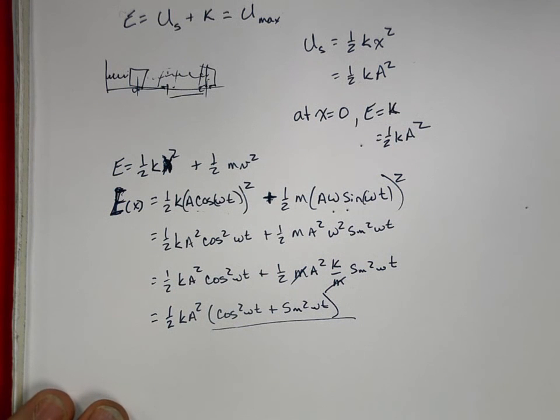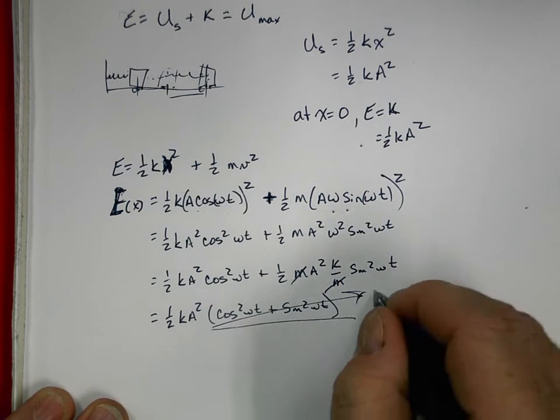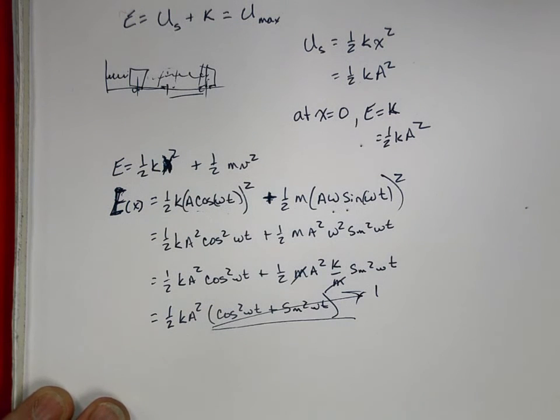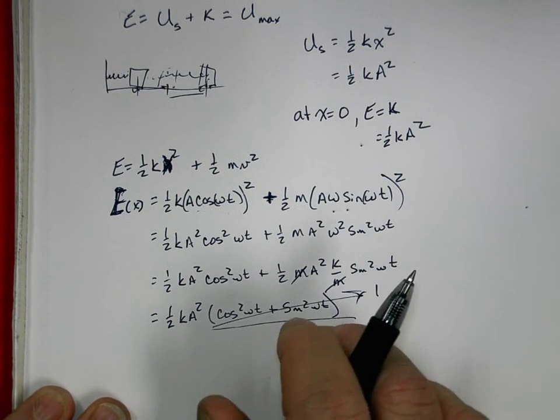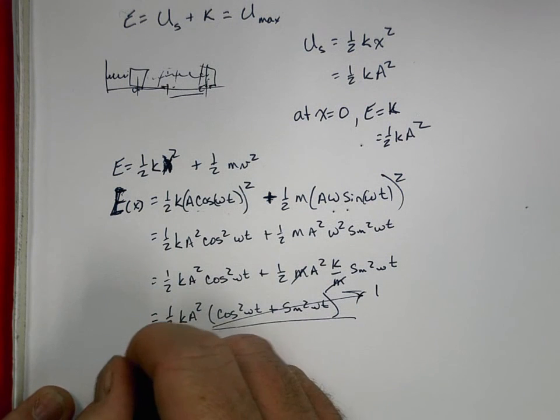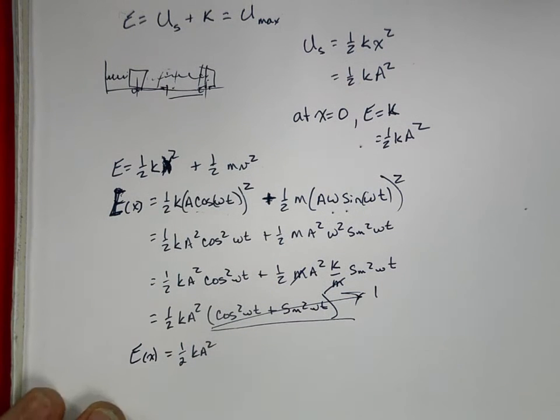Cosine squared plus sine squared, of course, equals 1. That cancels to 1, and so the total energy is equal to 1/2 K A squared at any particular time throughout.